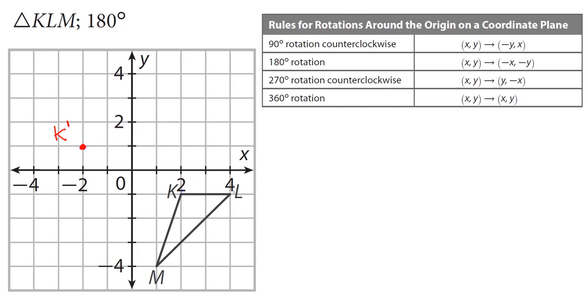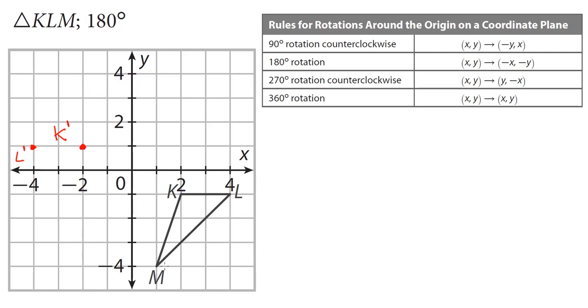So let's move L. So L is 1 step under 4 on the x-axis here. So a 90-degree step is going to take us here, and the next 90-degree step is going to take us here. So this is the location of L prime.